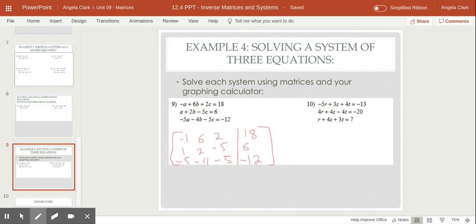For a Texas Instrument calculator, you would go to the matrix section, and under edit, you can put in your numbers, and then under math, I believe it is. So still in the matrix section, math, you're going to go to ref.